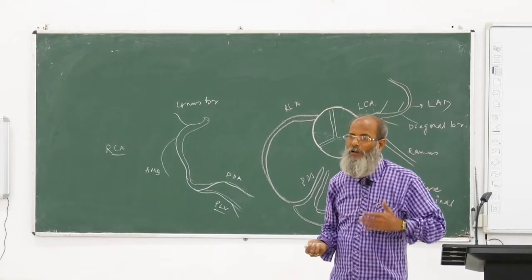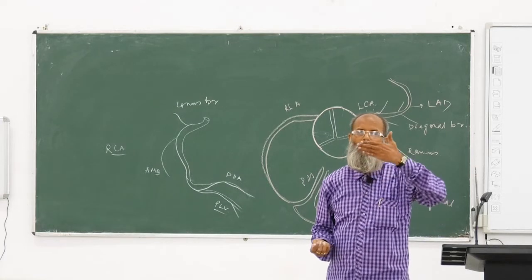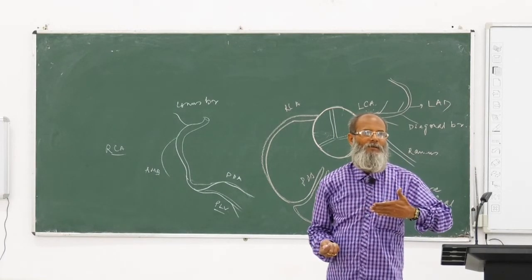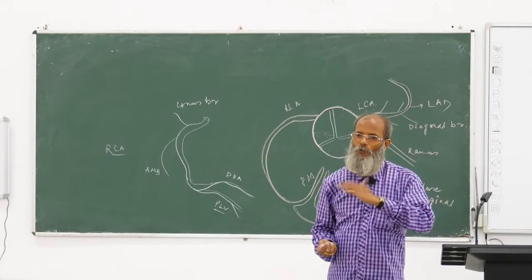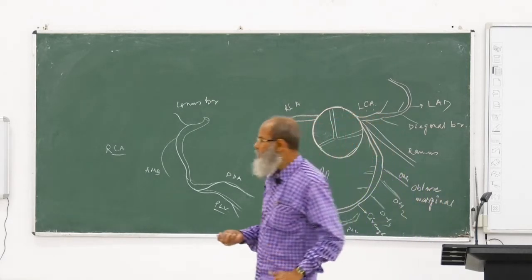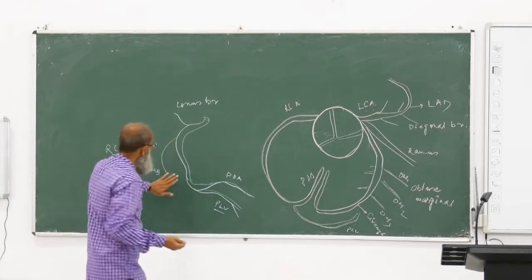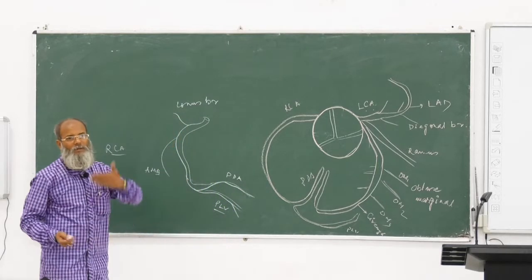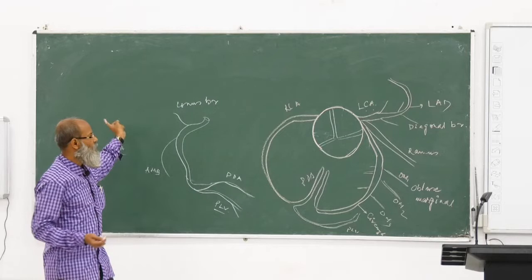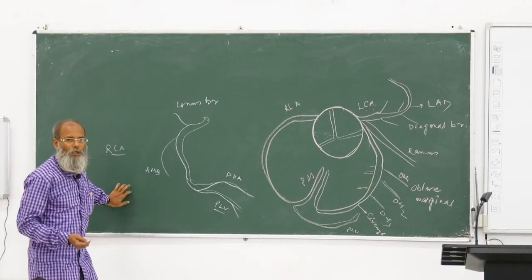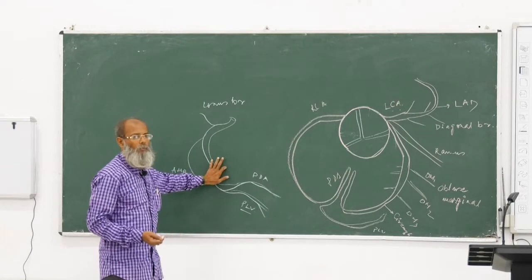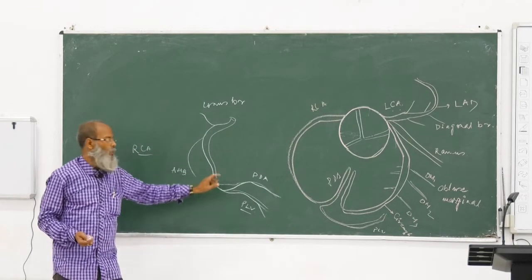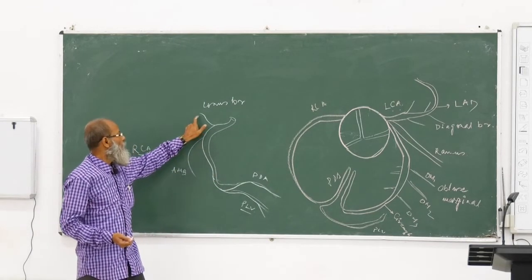In 2D, if you try to draw the picture, either for right coronary artery or for the left coronary artery, this figure is not in the single plane. This is a 2D plane, the blackboard is a 2D plane, so you can't draw this figure in this plane, because at this view you are unable to see the conus branch.